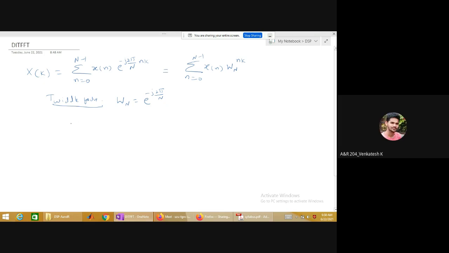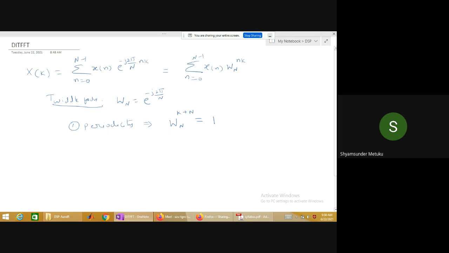So what are its properties? Periodicity property and symmetry property. Very good. What does periodicity say? W base N power k plus N equals W base N power k. Generally you should write k plus N, because N is the period.